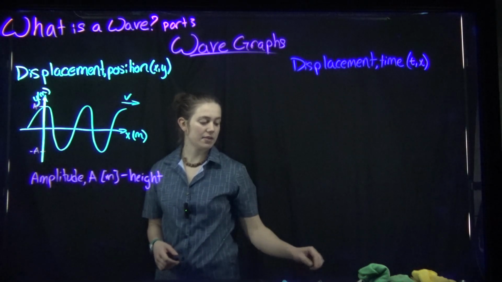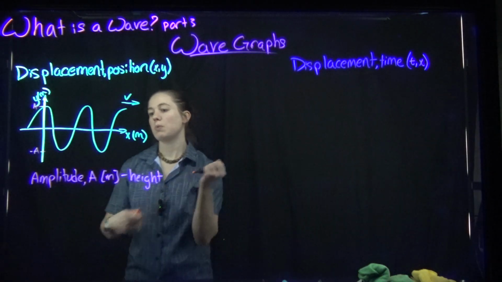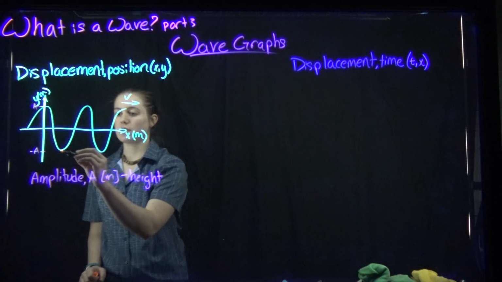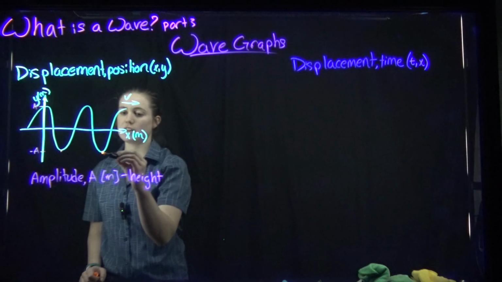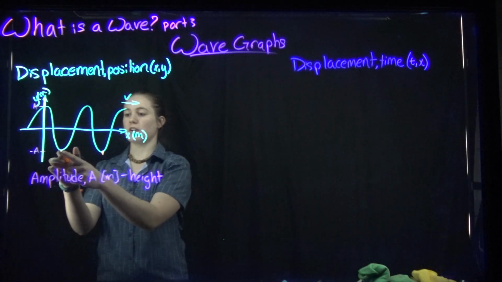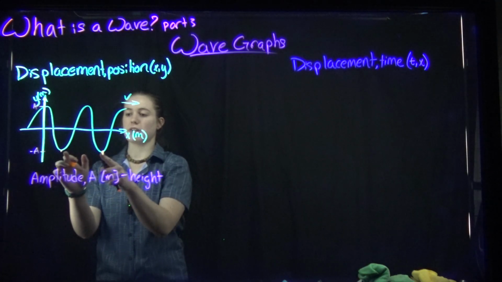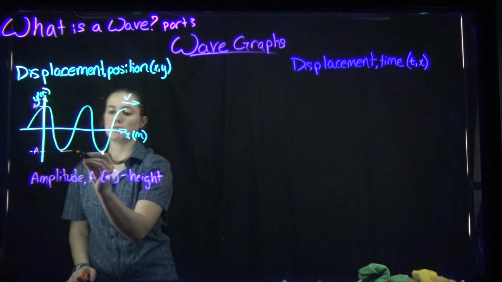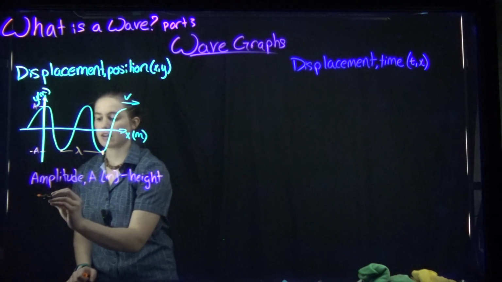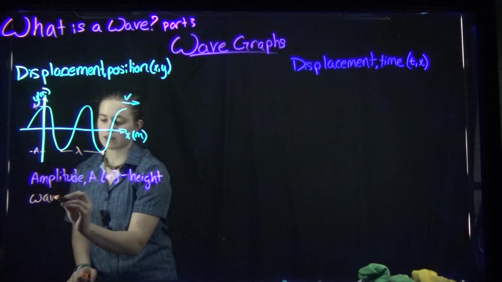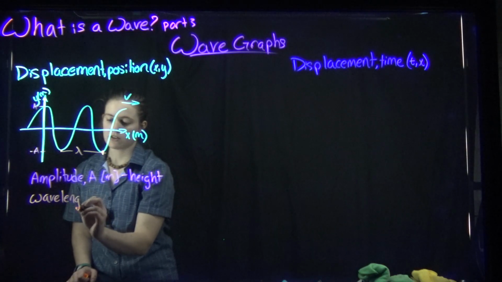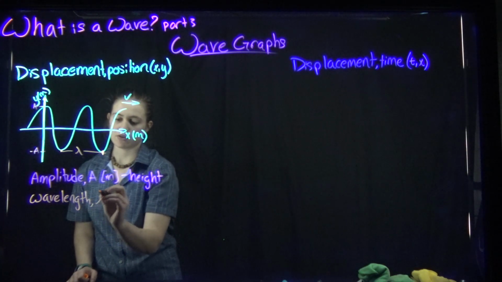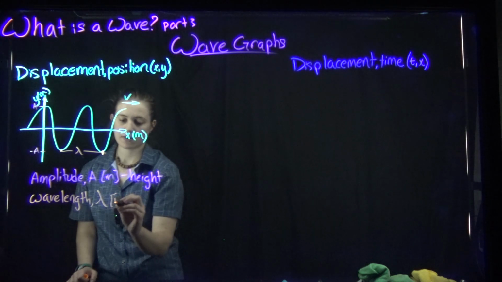We also have on this graph a wavelength. We can measure the length of each wave pattern. So you see we start at one point and we come down to the exact same point on the next waveform. That's going to be a wavelength, which we use lambda for.